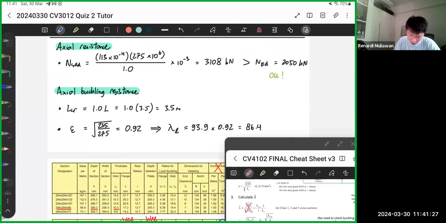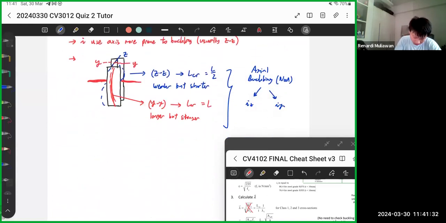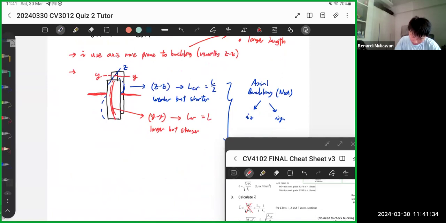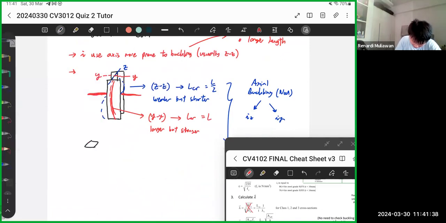However, in this case, if you notice in the question that we're doing, there's no restraint. So imagine this is your section. There's no restraint in the YY or ZZ.